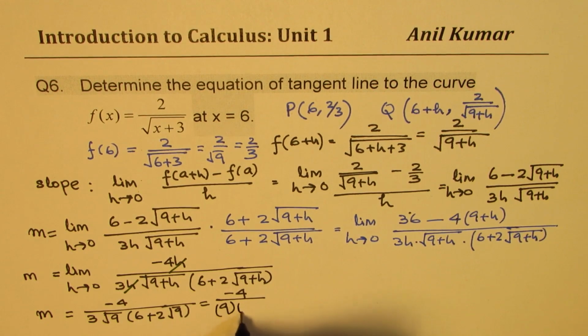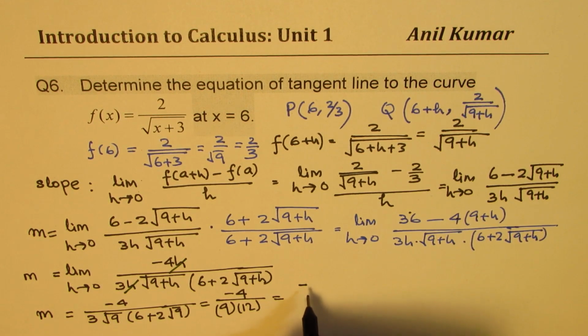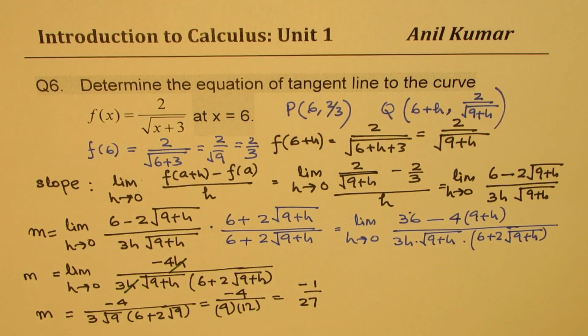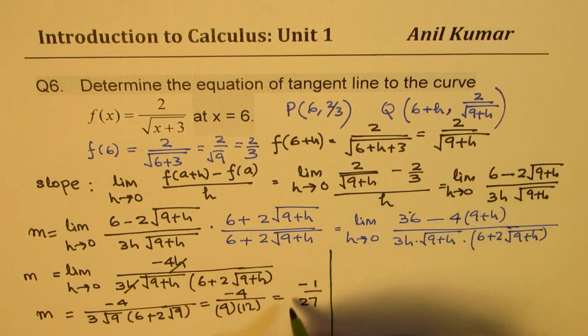So 9 times 12. Now 12 and 4 can be simplified, so you get negative 1 over 27. So that becomes the slope at the given point, minus 1 over 27.